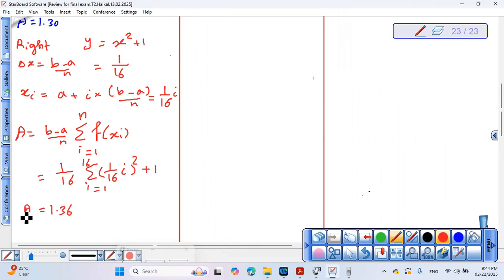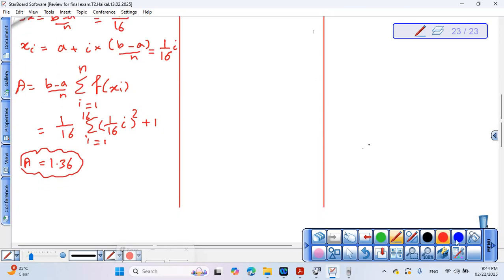This is from the right. Also, the third method, using the midpoint.